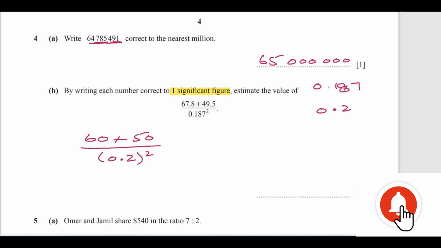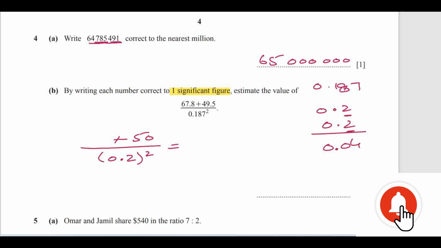Now 0.2 whole square means 0.2 multiplied by 0.2, so this will be equal to 4, and as we can see we will have two decimal places, so 0.04. There is a small correction over here.